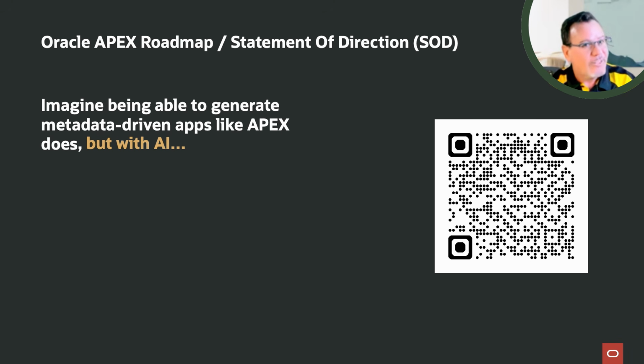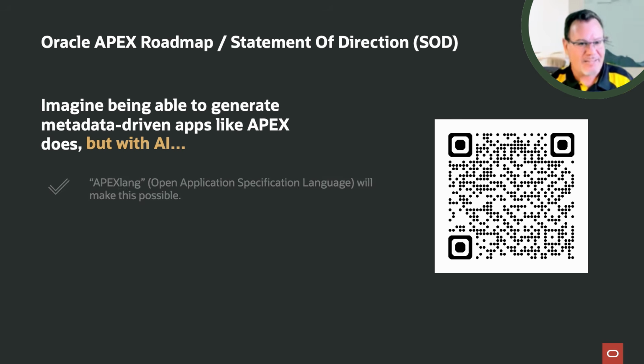Well, this will be, with AI, APEXlang. And APEXlang will make this possible. You'll be able to iterate with a large language model to spit out these file formats known as APEXlang.